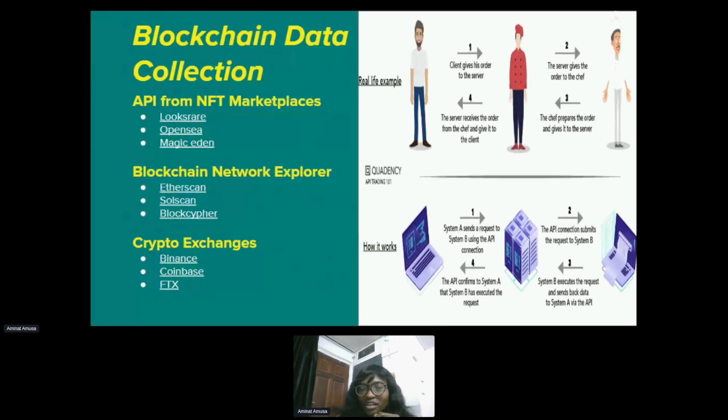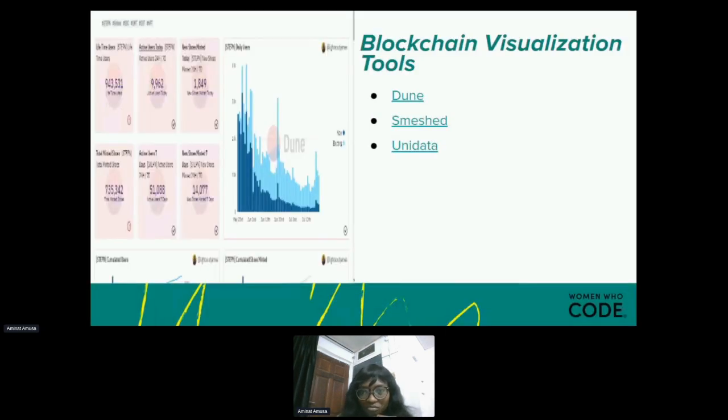Then moving on. For people who are not programming inclined and not very used to getting data from APIs, I've also added visualization tools. These are blockchain visualization platforms that already have the data plugged in.